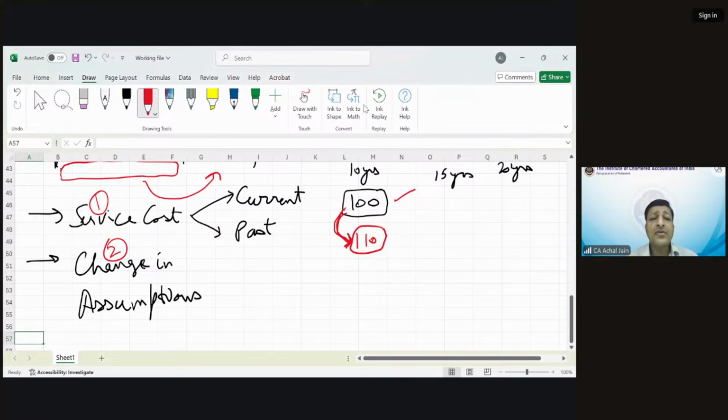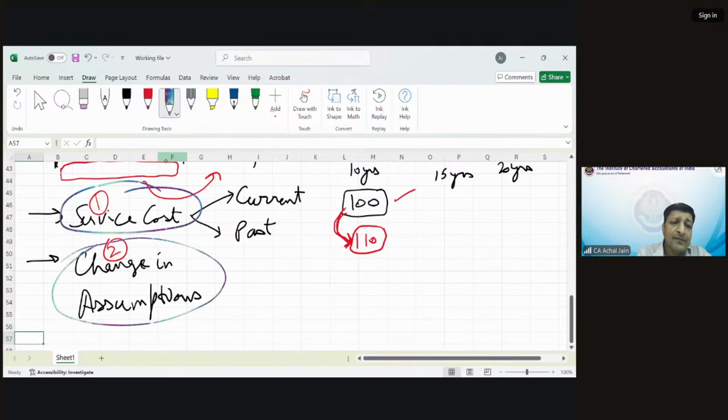See, because of the service cost each year, liability will only increase. So if you look at this factor, this will lead to increase in liability year on year. There is no doubt about it. But if you look at this factor, this may increase the liability or reduce the liability.